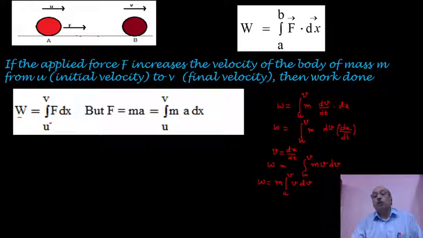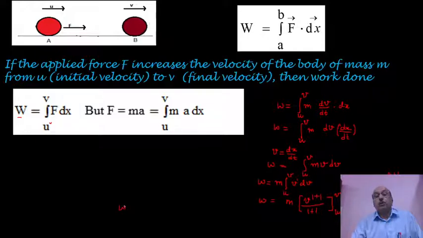Now we may use the formula: integration of x to the power n with respect to dx is equal to x to the power n plus 1 upon n plus 1. So here velocity has power 1. So W is equal to m times v to the power 1 plus 1 upon 1 plus 1, and the limit is from u to v.